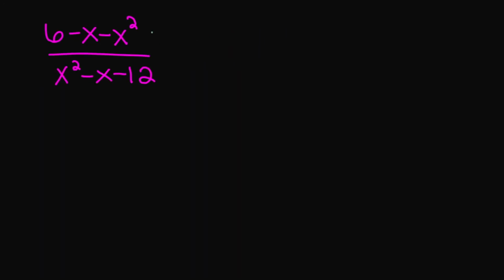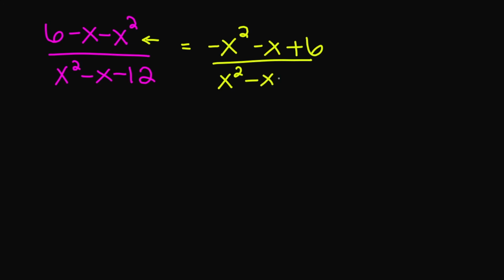So let's look at this example here. The first thing we want to do is to write our numerator in standard form. So if I write my numerator in standard form, this is going to look like negative x squared minus x plus 6. And that's going to be over x squared minus x minus 12. Notice here, when I rewrite my expression into standard form, we now have a leading negative number.